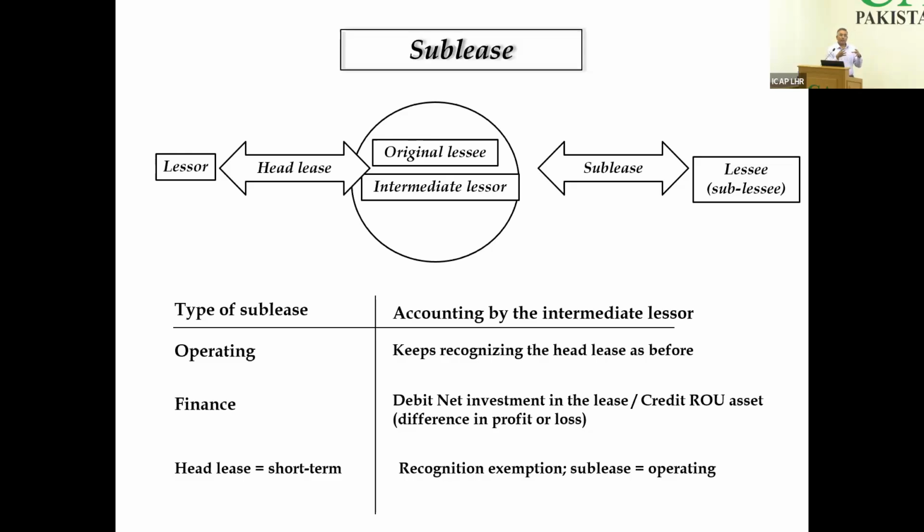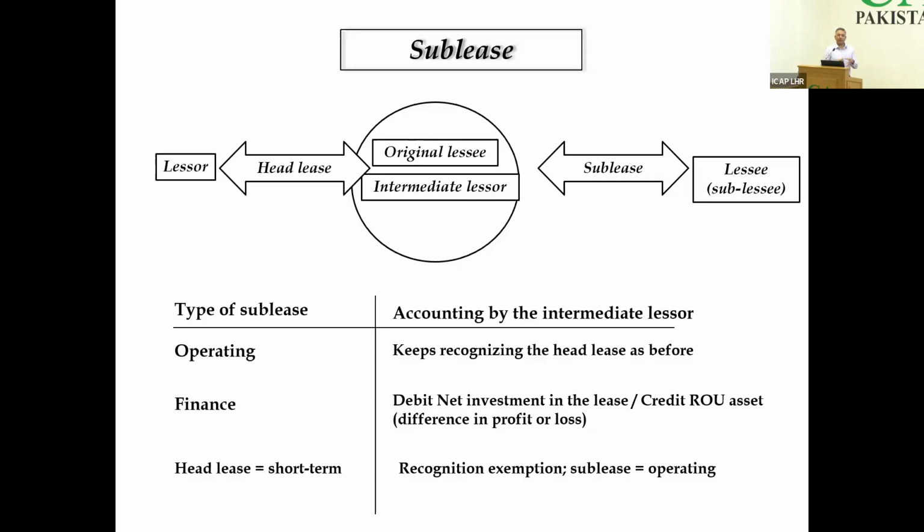But the intermediate lessor, which basically leases the asset to a sublessee, will account for the lease as a lessor as well as a lessee, and will determine whether it's a finance lease or an operating lease.